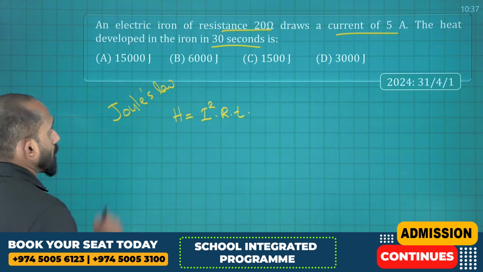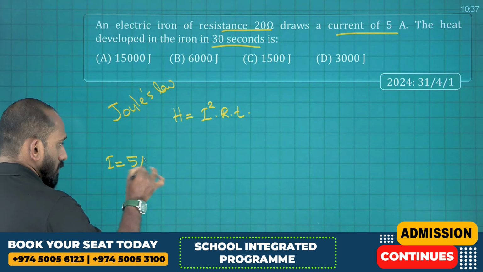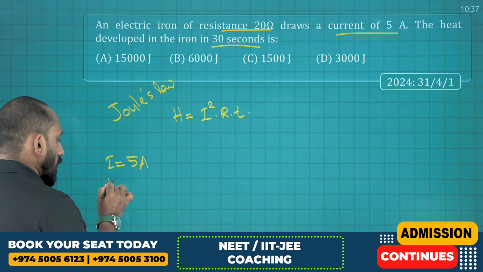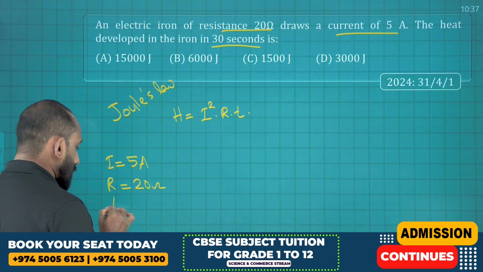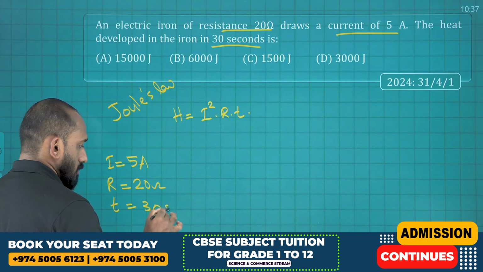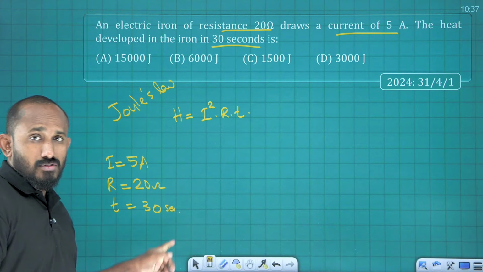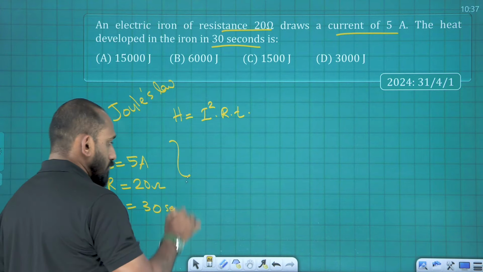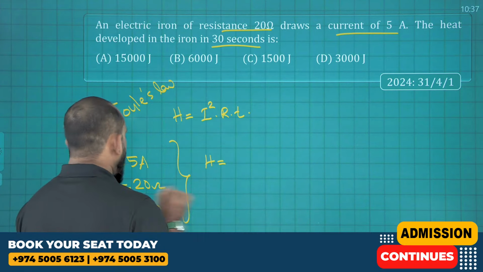Here I is given as 5 ampere, R is given as 20 ohm, and time T is given as 30 seconds. You have to check all the values are in the SI system, so no conversion is needed. So H is equal to I square RT.